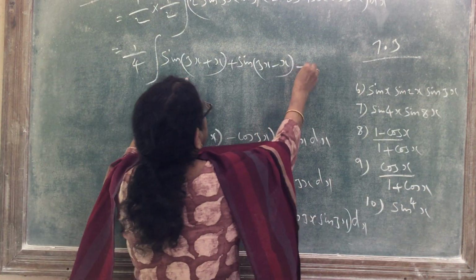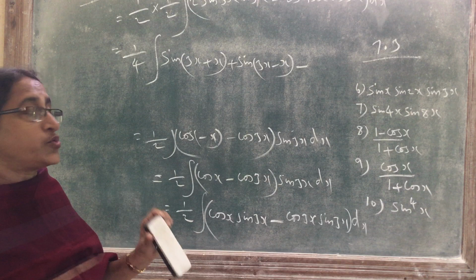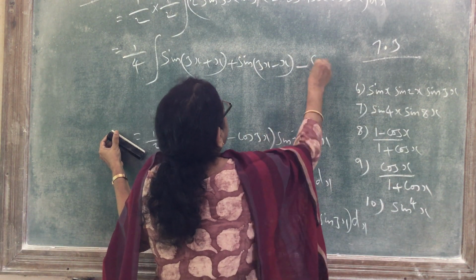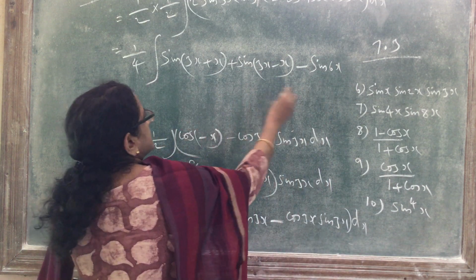Then minus 2 sin a cos a, that is sin 2a, that is 2 into 3x, sin 6x dx.